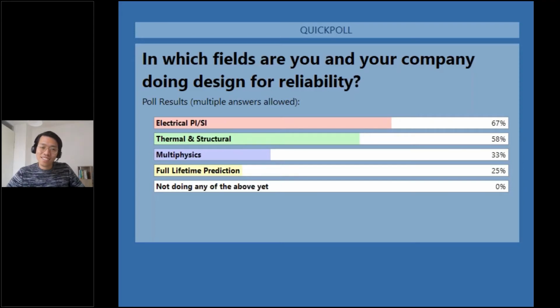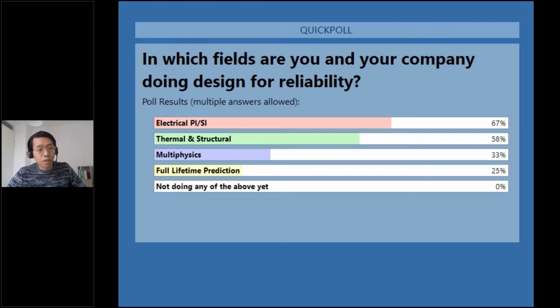There we go. So most of you are in electrical. Apparently 2/3 of our audience is already doing electrical, being the most important one. That's where our design starts. Thermal structure, of course, is really important.